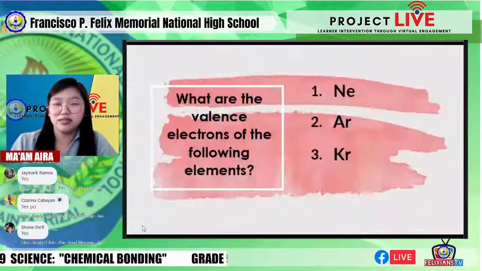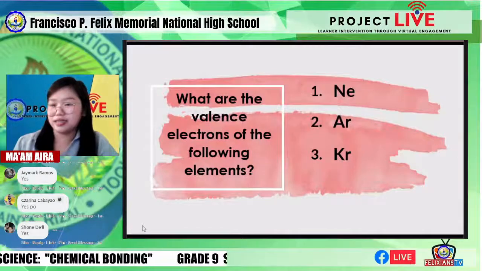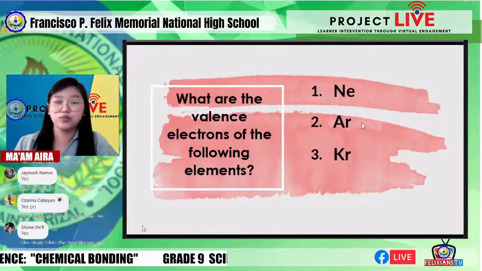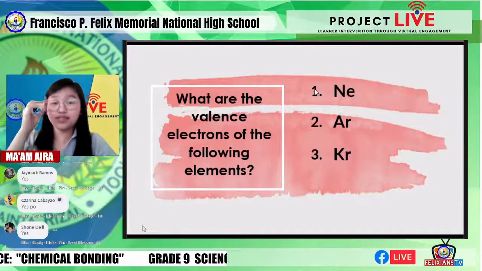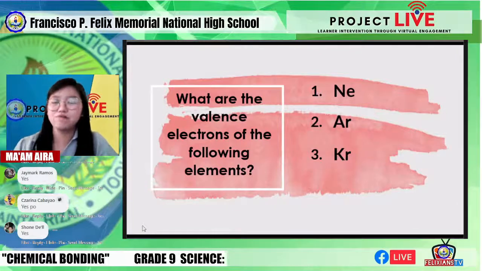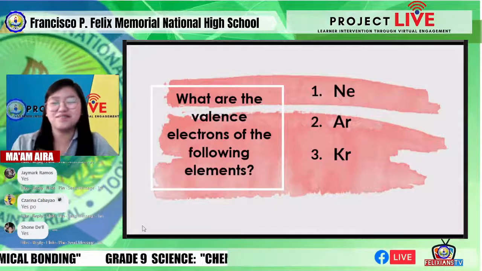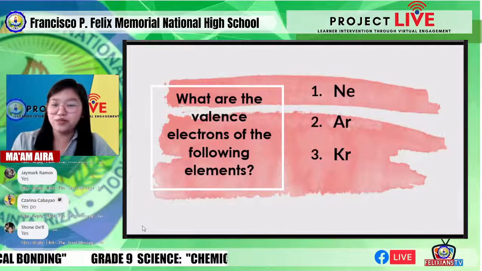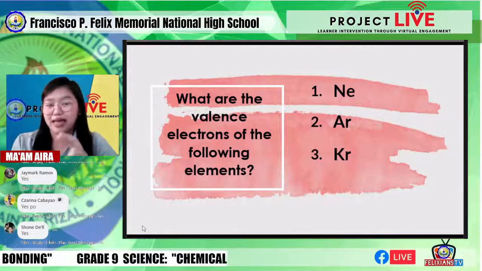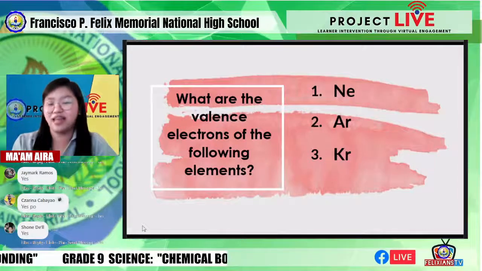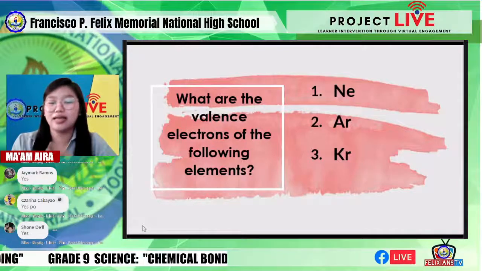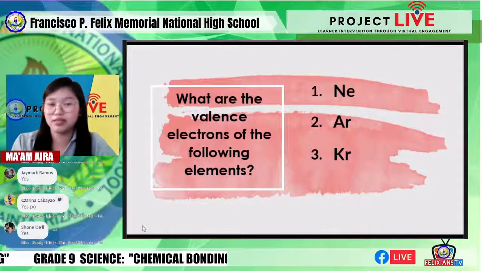Okay? So again, I have this activity for you to do. A very simple task lang naman ito. You have to identify or determine the valence electron of the following elements. So we have Ne, neon, Ar, argon, and Kr, krypton.